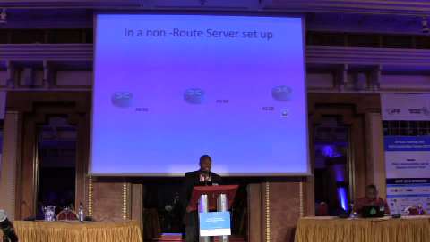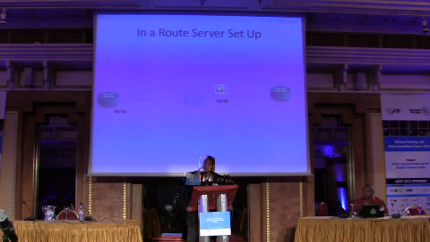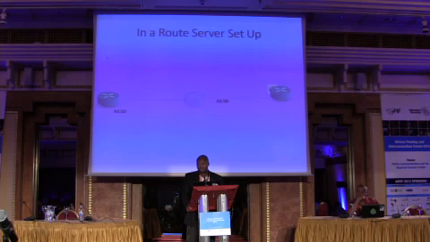Now, in a route server setup, this is what happens. The packet leaves. You can see from the graph, the route server becomes so transparent it appears as if it's not existing. So the packet leaves ASN 10, goes through an invisible route server and arrives at the other peer. And what do we have?